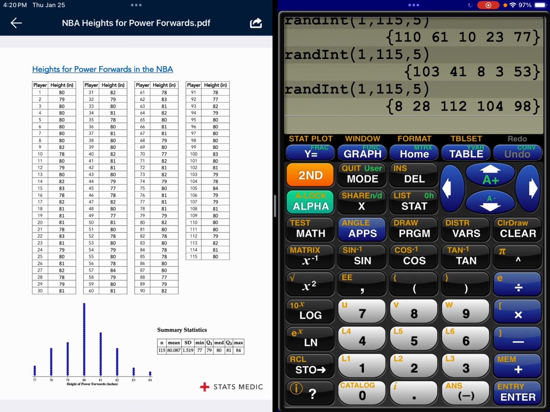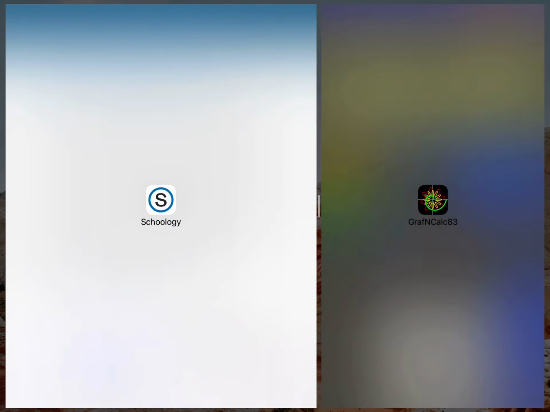You want to make sure your samples don't have any repeated players. Little side note, this sample is less than 10% of the population. 5 is less than 10% of 115, and that's good, okay?